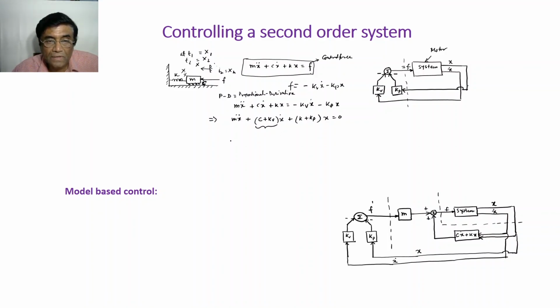So I can write M x double dot plus C prime x dot plus K prime x equal to 0. So this is again a second order system, and you know, if I want my system to be critically damped, I put in the critical damping condition.